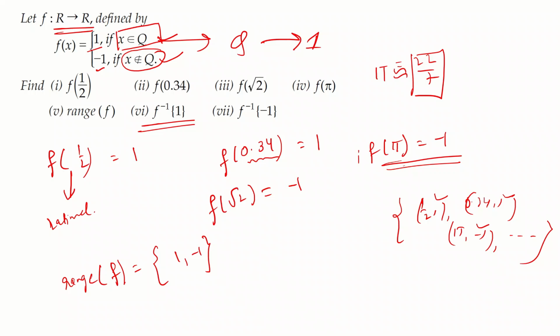So that means f inverse of 1 is actually this entire set of rational numbers. And similarly, f inverse of minus 1 is the set of irrational numbers, so R minus Q.